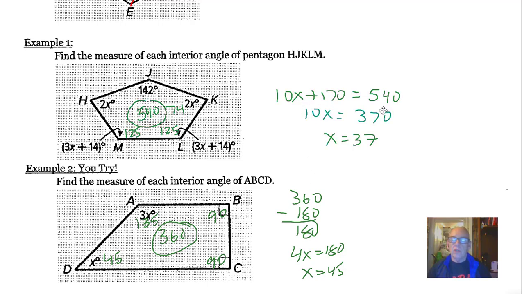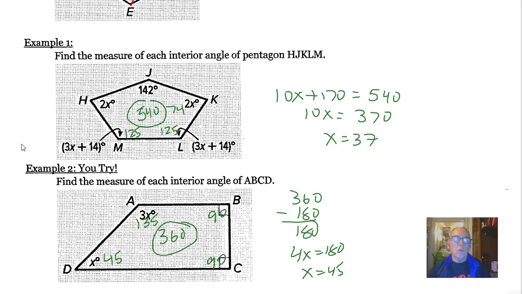So 10x plus 170 equals 540. When we simplify, we get that x is equal to 37. So each angle, h is going to be 74, j is given 142, k is going to be 74, l is going to be 3 times 37 plus 14, which is 125, and the same thing for m.